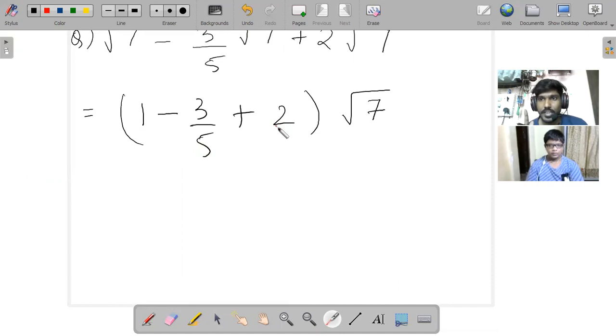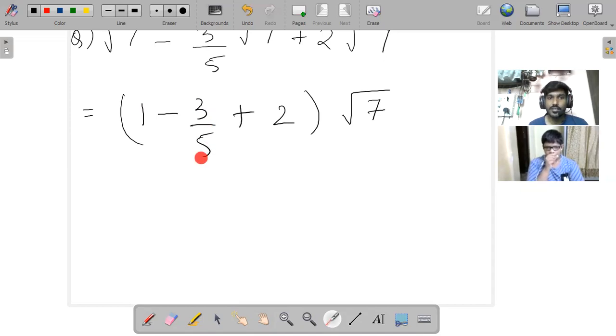First way is cross multiplication. Second way is proper LCM, and by LCM, I mean making the denominators equal. Have you heard about this term, making the denominators equal? We'll make the denominators equal because there are 3 terms and doing cross multiplication will be very tedious. So let's do making the denominator equal.